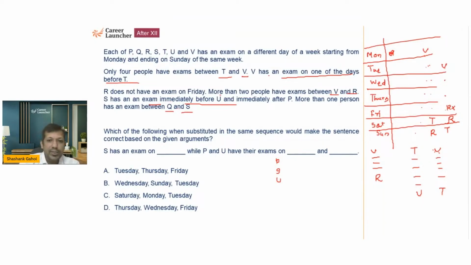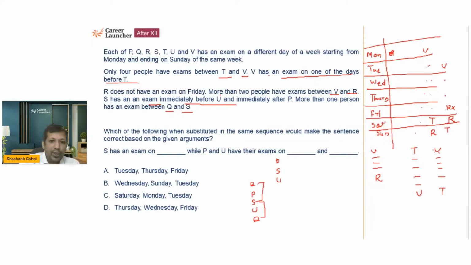So between Q and S there is going to be more than one person. So basically I can say Q, S, Q, P, S, U. Now that doesn't look a feasible arrangement because there is only one person between P and S, Q and S. If I place Q over here, again I'm going to have exactly one. So I need more places.